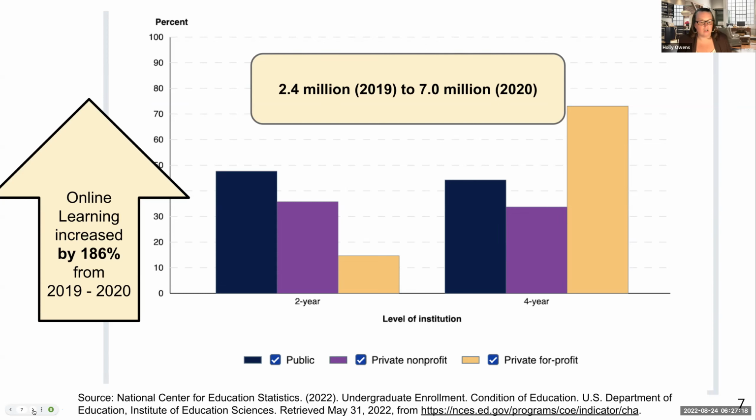So here on this chart, you see the various 2-year, 4-year institutions, the private, nonprofit and for-profit, and where that all falls. This is the percentage of undergraduate enrollment who are enrolled in online courses. And the explosion of the growth, and then now the conversations that are happening about, is online good?